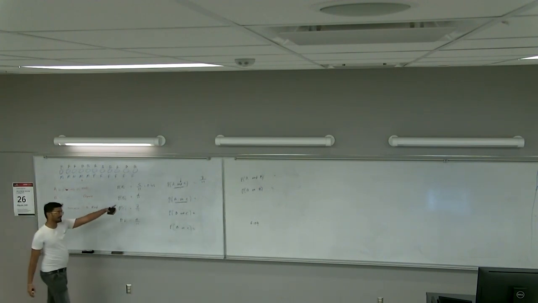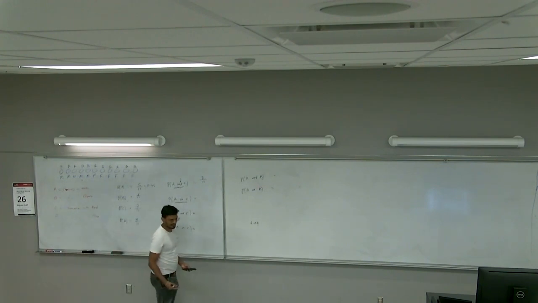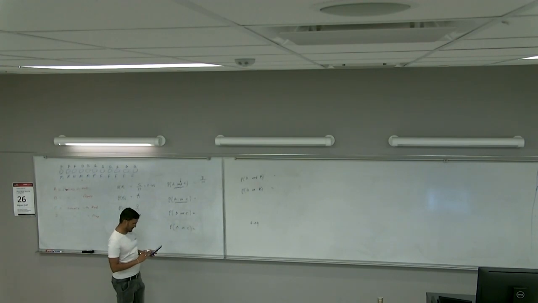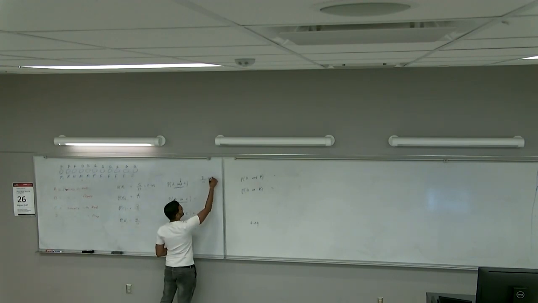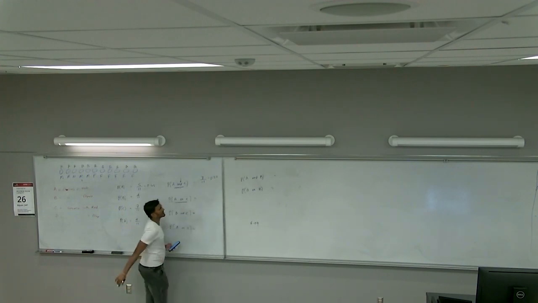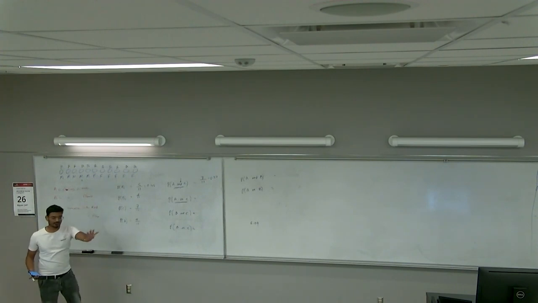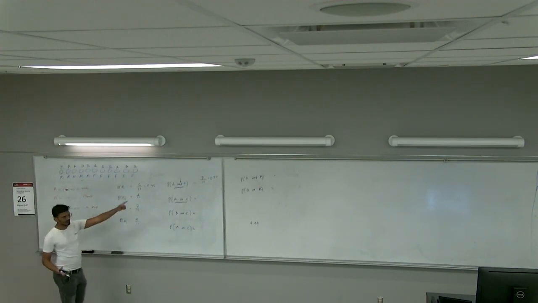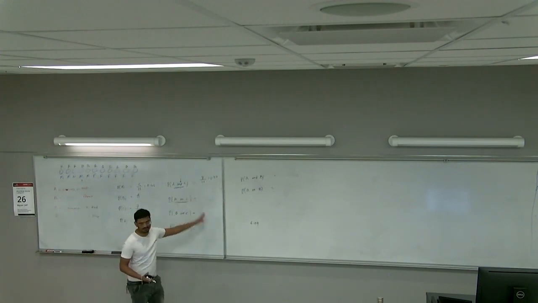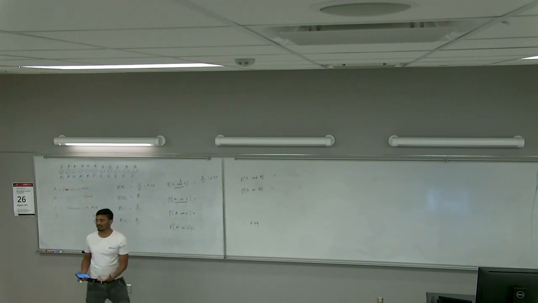So 3 by 11 means if you put everyone into a room and if you choose someone at random, this is 0.27 something. Or in other words, as a percentage, it's 27%. So if you put all these 11 people into a room and if you choose someone at random, there's a 27% chance of that person being a male and wearing a red shirt. Okay?